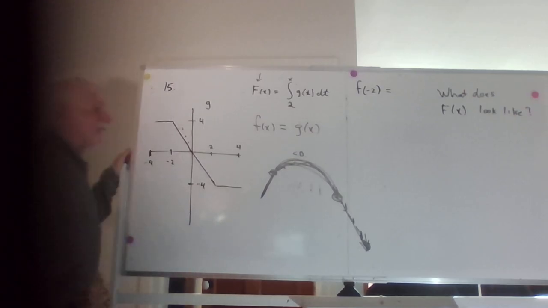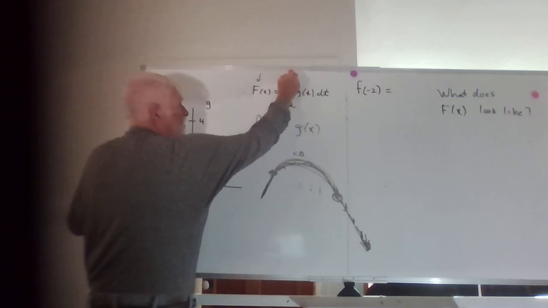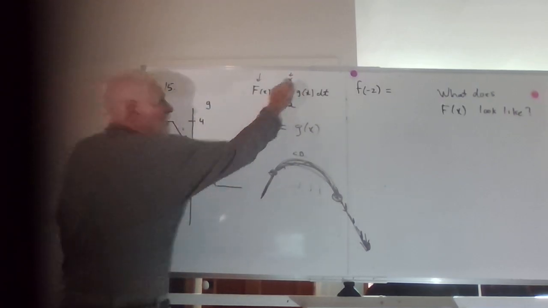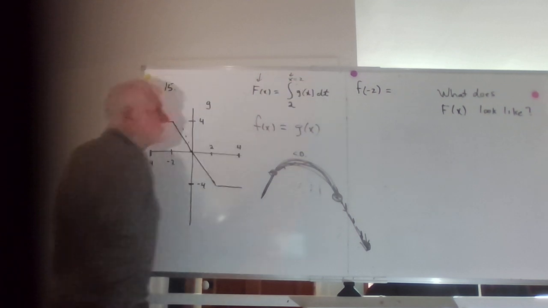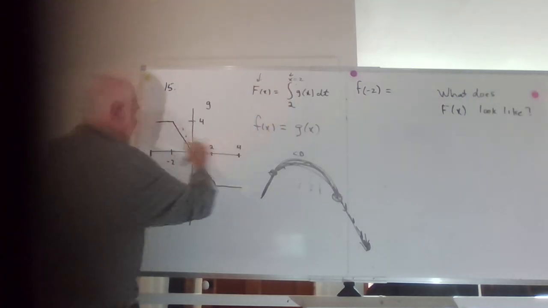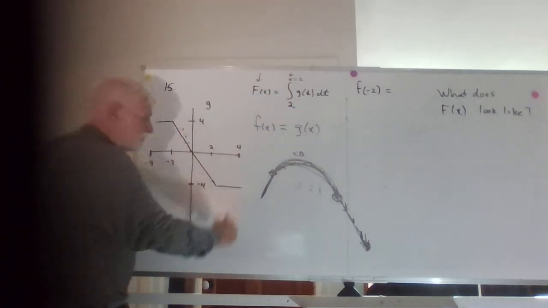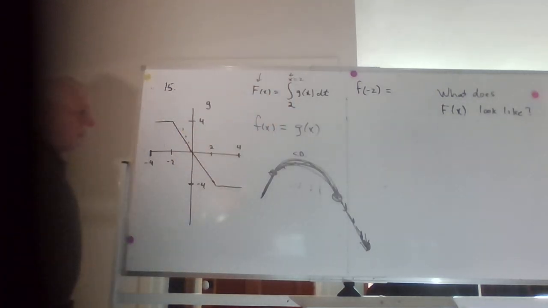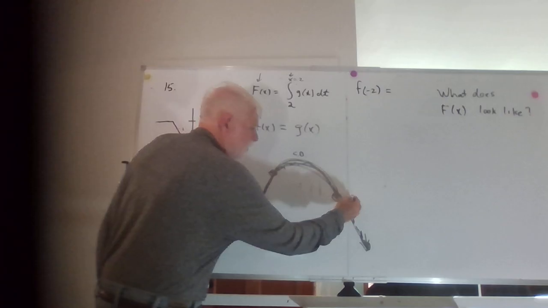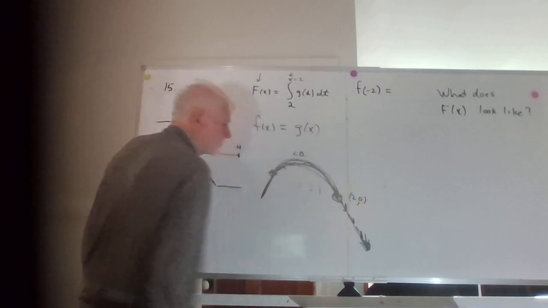Well, there's one thing I definitely know. I know an x value that will help me out. What happens if it was 2? How much area accumulates? Because that's what this is all about. Area accumulation. I don't think I have any area from 2 to 2 to accumulate. And I think that happens right here. So therefore 2 gets me 0.